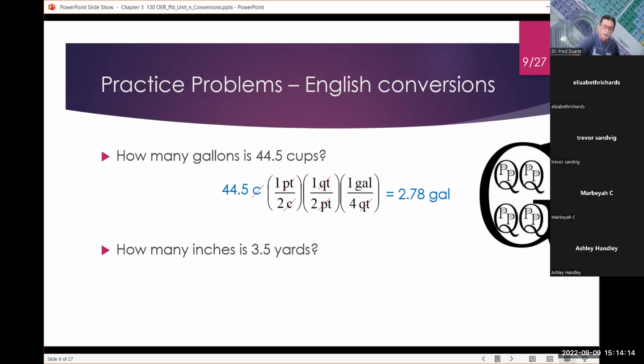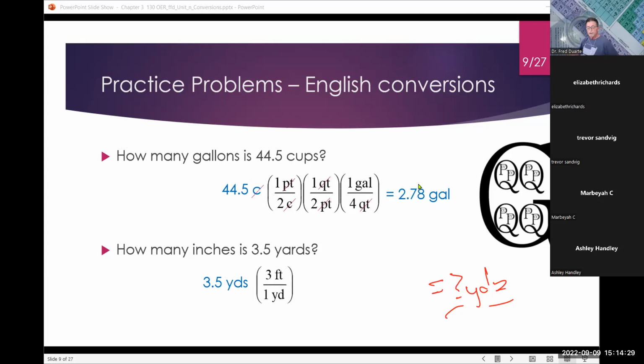This one here, we're going from yards to inches, so I write down what I'm given. I also write down the units that I'm looking for, so I keep track of my conversion factors. I've got my first factor here that gets rid of the yards and puts me into units of feet.